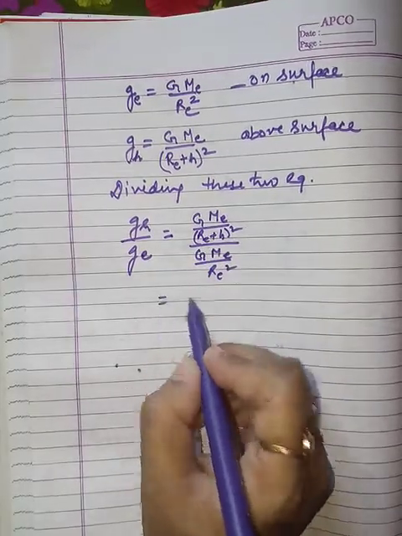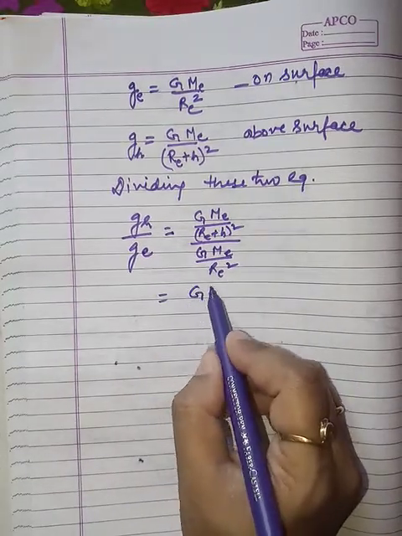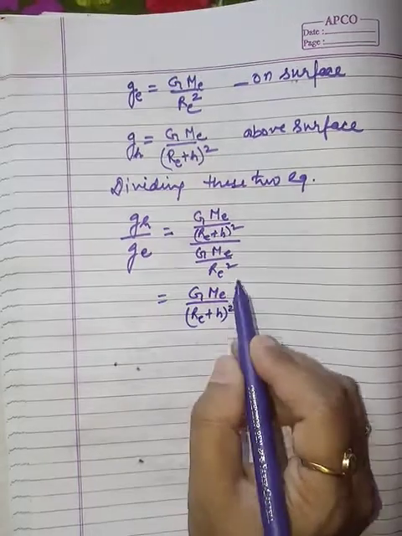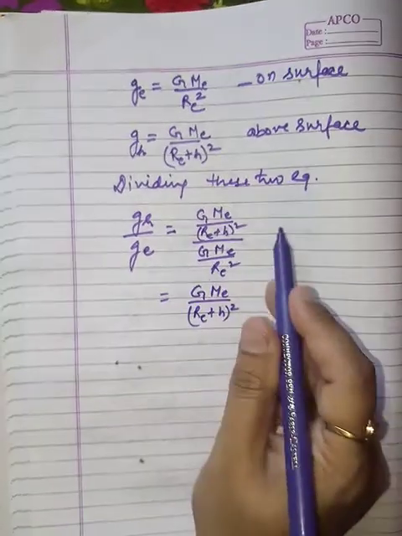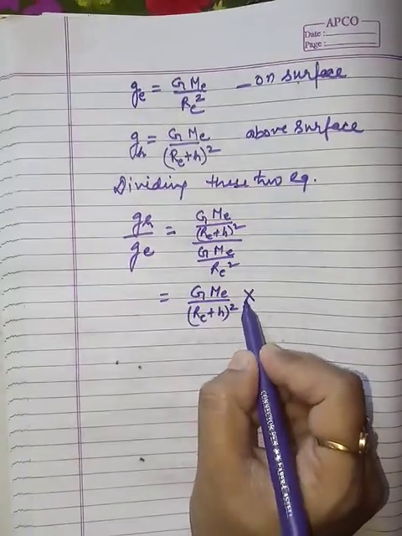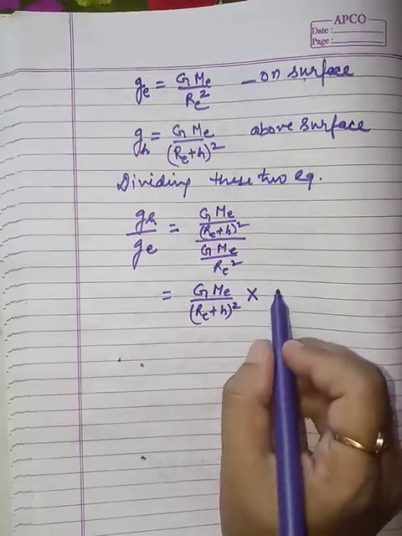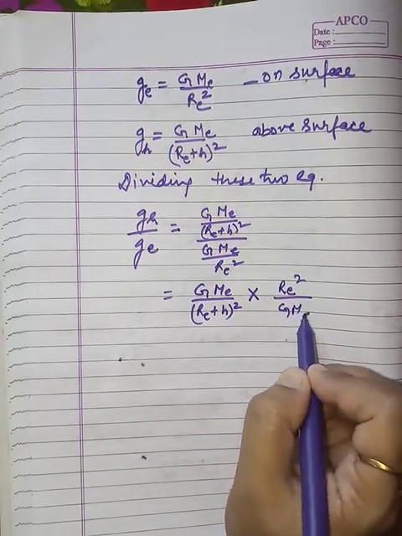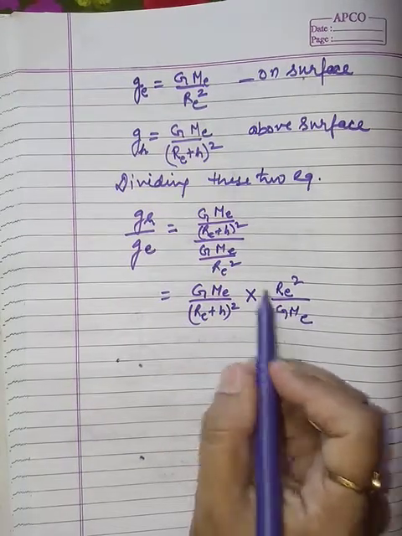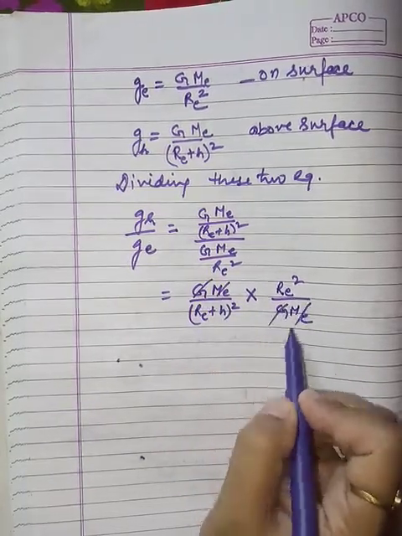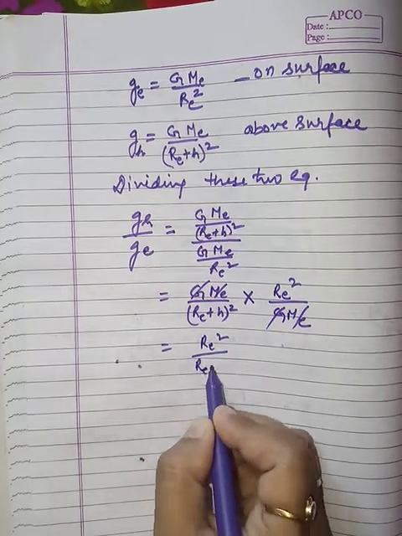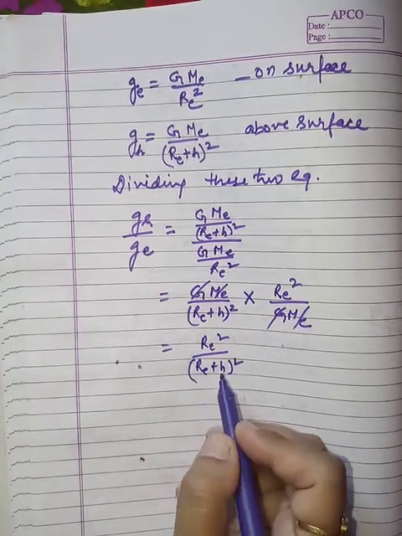Whatever things are being cancelled, we will do that. The denominator goes upside in the numerator, so it becomes multiplication and we take the reciprocal: R_E square divided by G M_E. G M_E and G M_E cancel here. So it becomes R_E square divided by (R_E plus H) whole square.